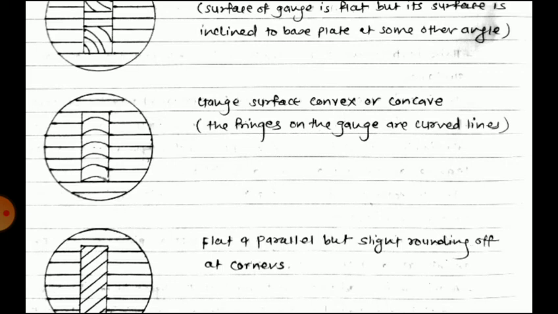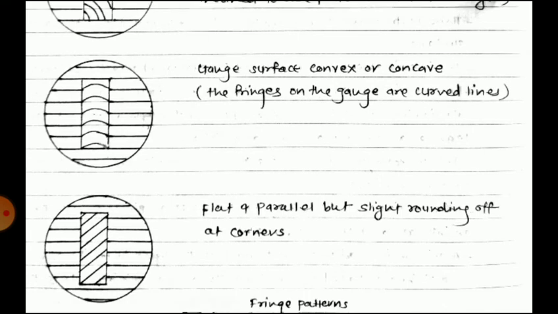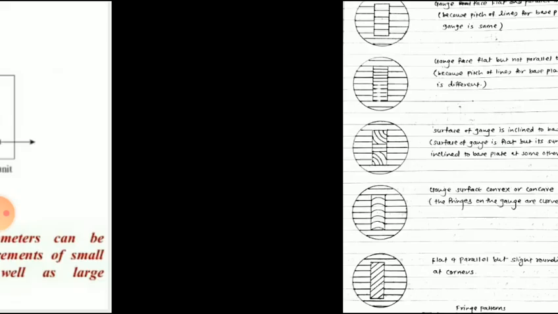So this is the fringe pattern observed from the optical flat. Then the last is flat and parallel but with slight rounding off at corners. So these are different fringe patterns that you can observe.